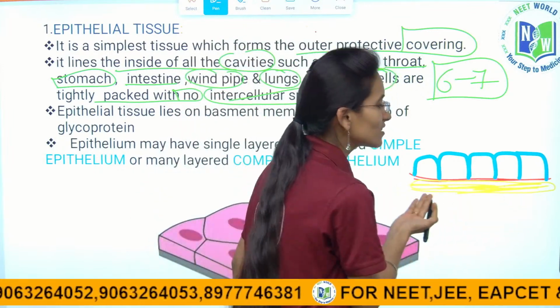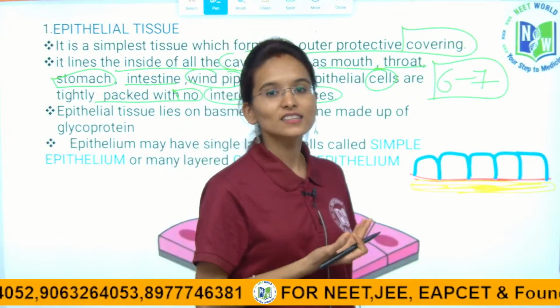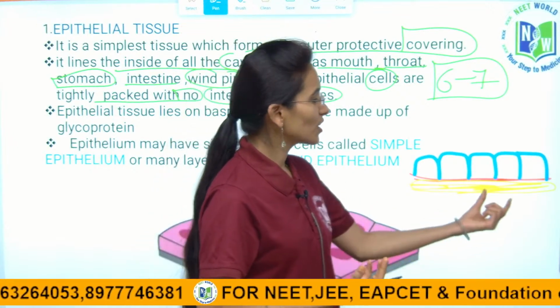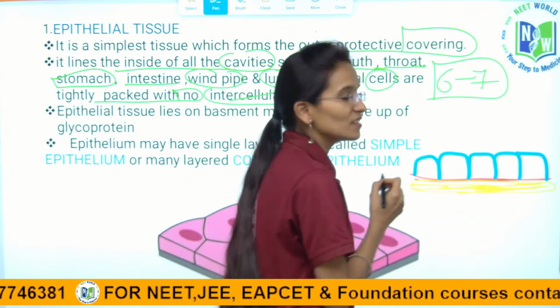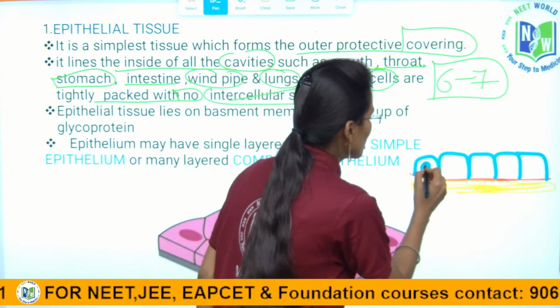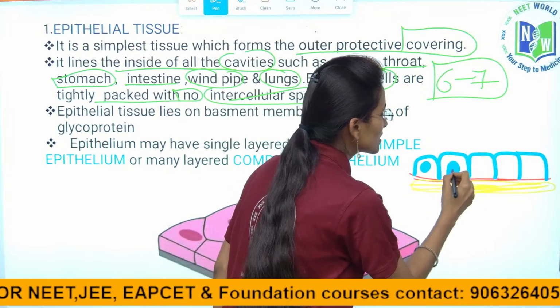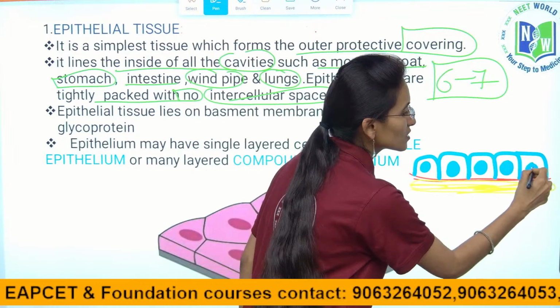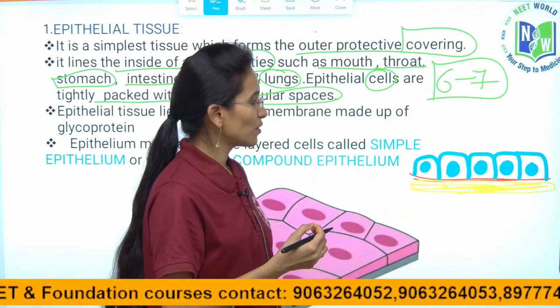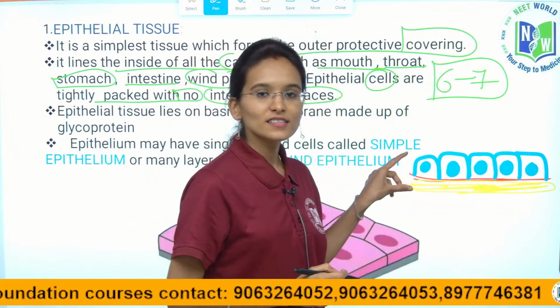This yellow colored component is called connective tissue. We are going to learn about this also. Each cell contains a single, centrally located nucleus. So, now this is called epithelial tissue.